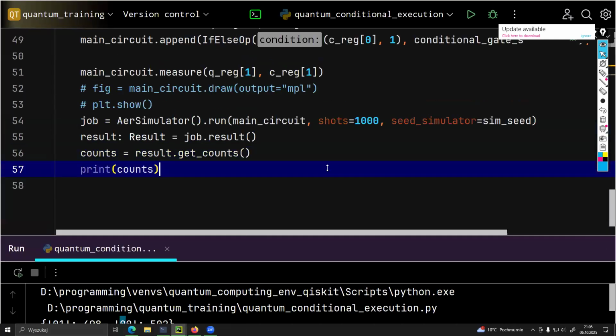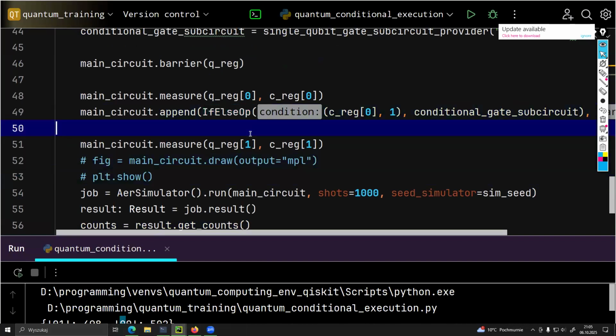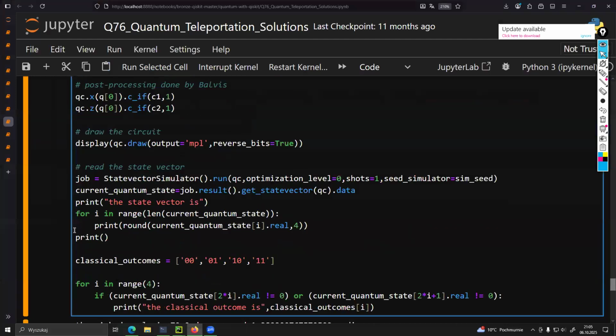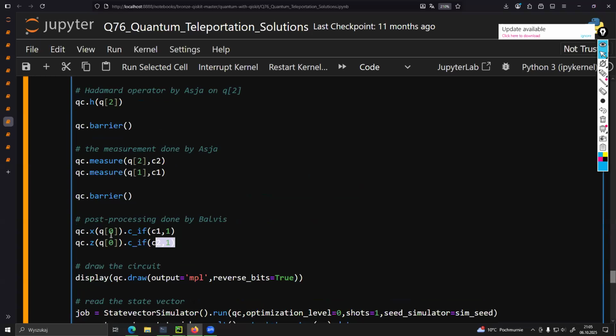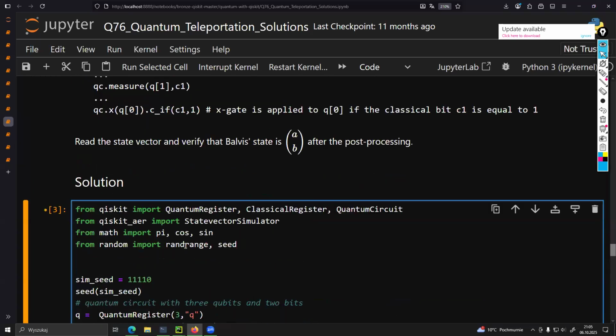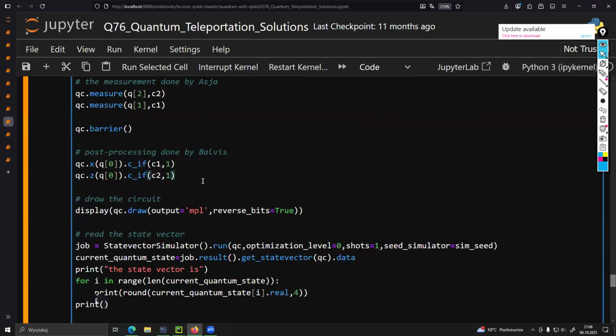Okay, and so by using these if-else ops, I could prepare this experiment and alleviate this problem of having this operation removed from Qiskit 2.0, because the CIF is exactly the if-else op.